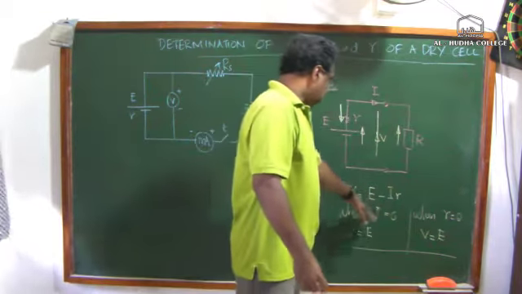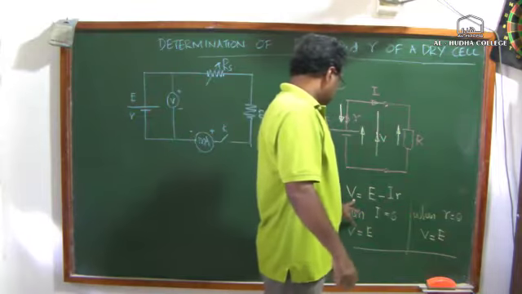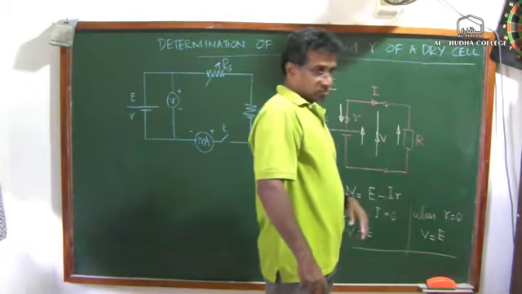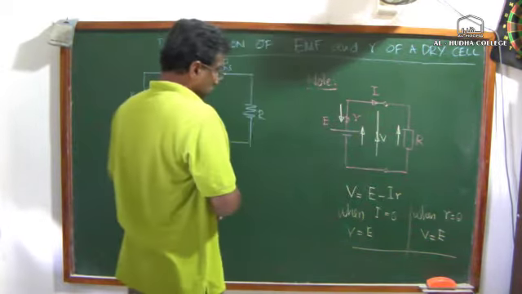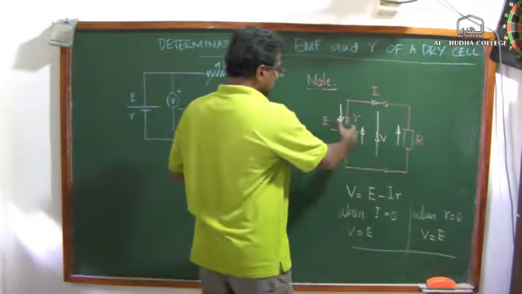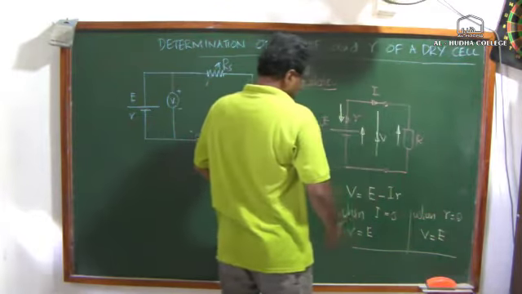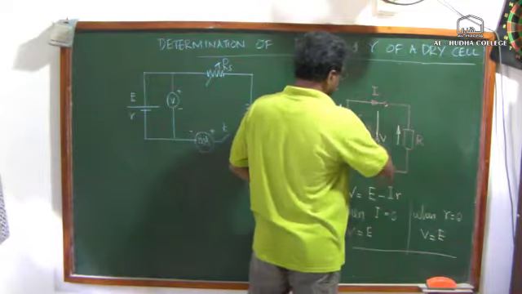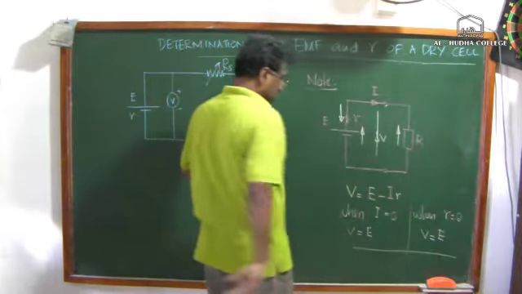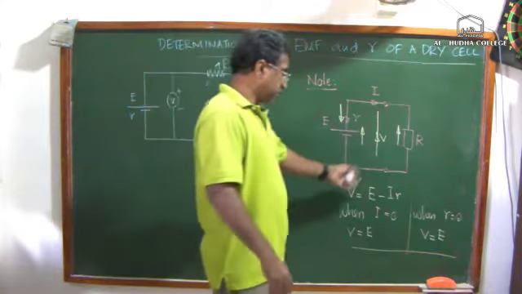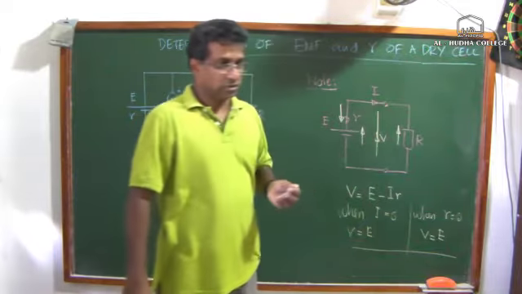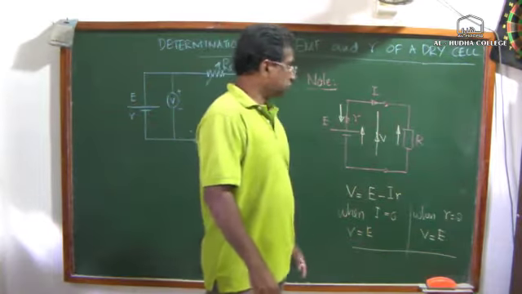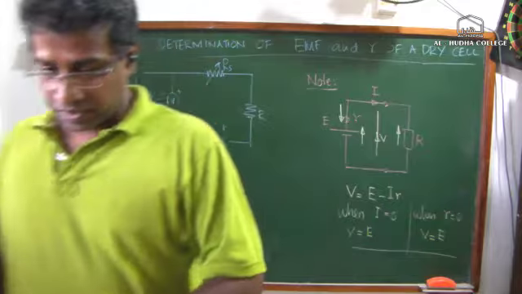On all other occasions, the terminal voltage will be E minus IR. So when you see a discharging battery, you should be able to write this directly without going through Kirchhoff law and all that. Because this is straightforward and we have to do this all the time. So take a note of this before going to the practical.